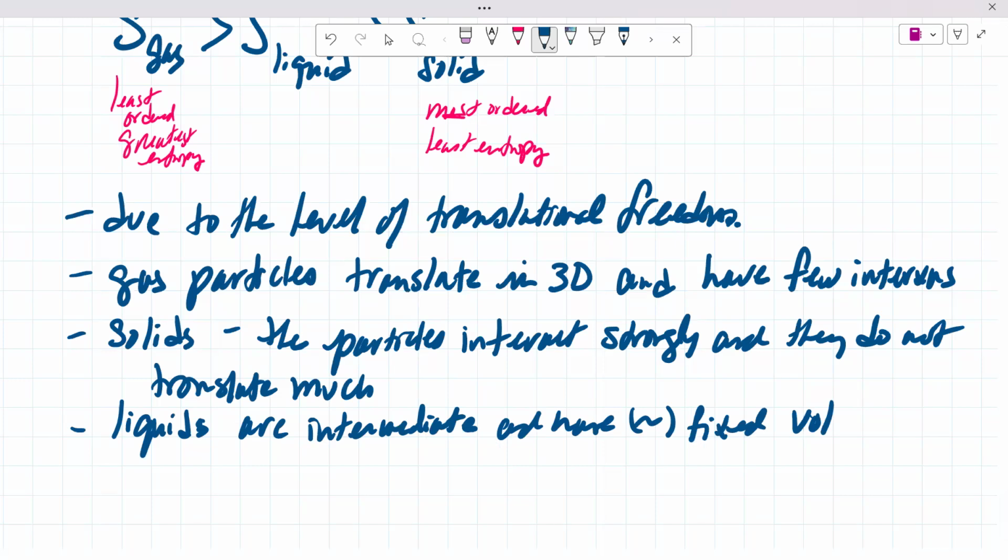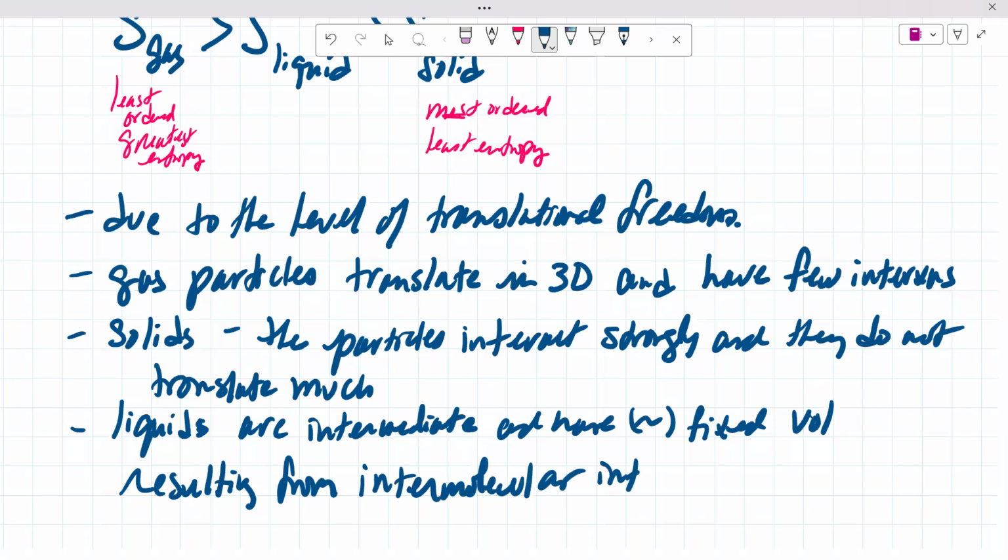Liquids are not readily compressible, resulting from intermolecular interactions. Water does have hydrogen bonds, but not as many as ice.